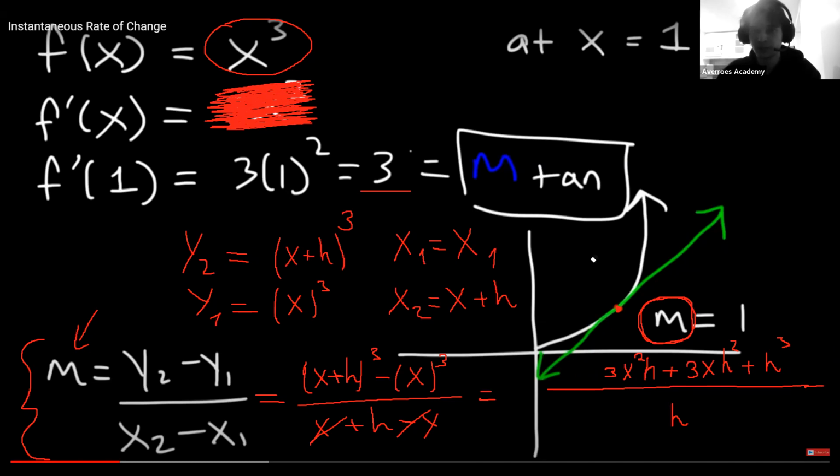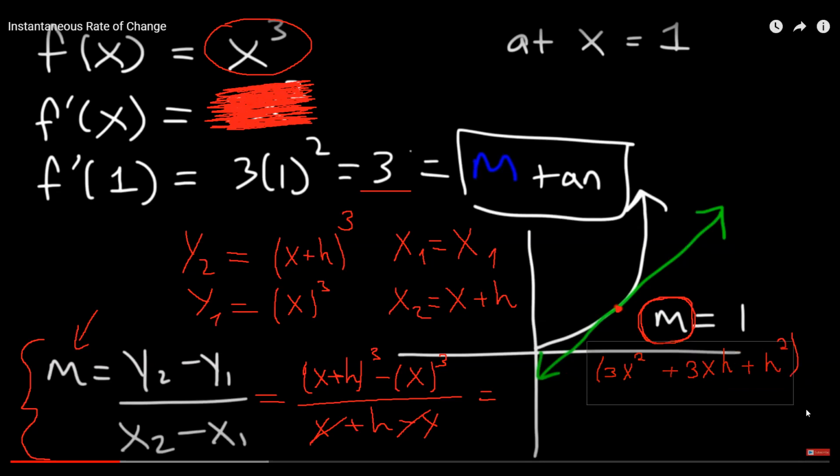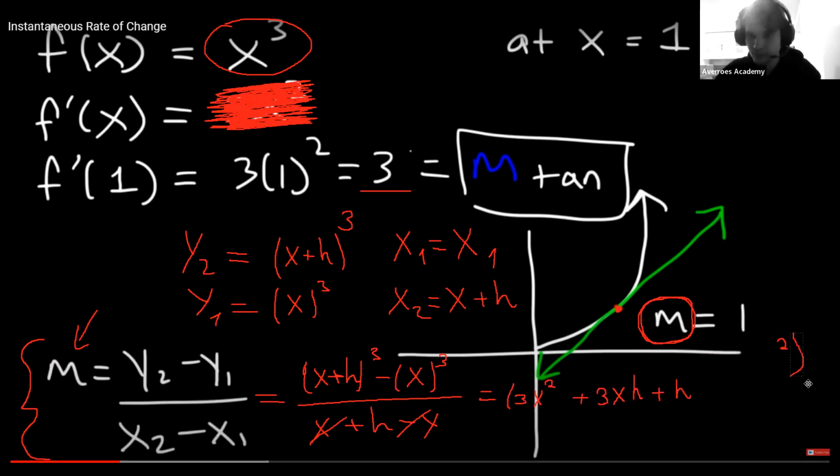Next step, we would extract h from here, and we would get a formula like this. And now we simplify it, and all we have left is this bracket, right? We move it here. Okay, let's leave this weird 2 here.